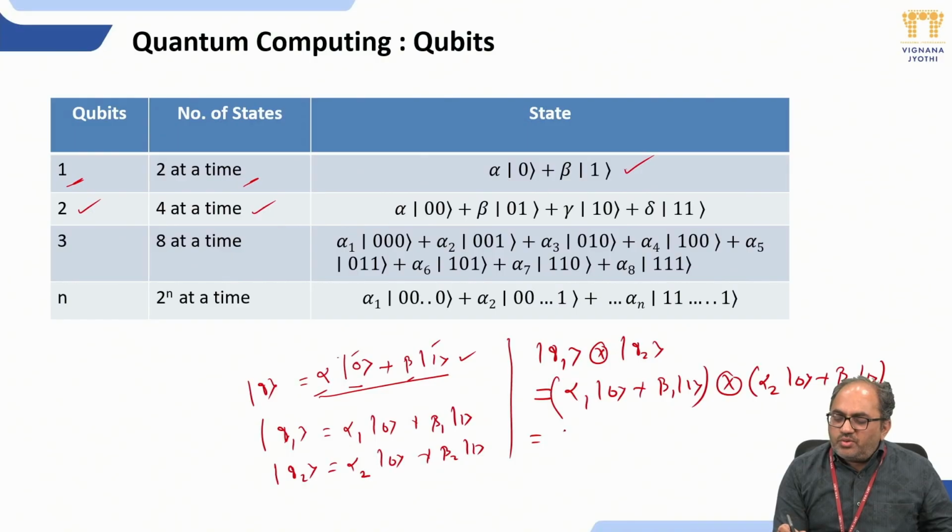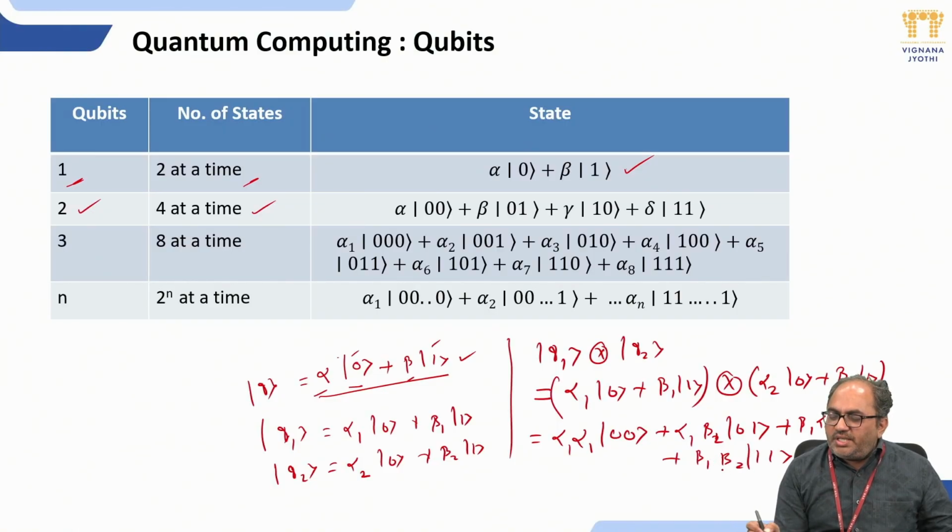Alpha 1 alpha 2 ket 00, plus alpha 1 beta 2 ket 01, plus beta 1 alpha 2 ket 10, plus beta 1 beta 2 ket 11.